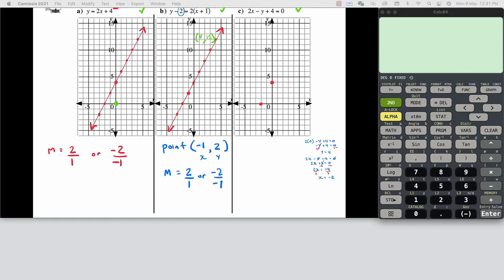Okay, so I'm going to get 2 times, in this case we'll just say 4, minus y plus 4 equals 0. 2 times 4 is 8, minus y plus 4 equals 0. Then on this side I've got an 8 and a 4, so I combine them together, it's going to be 12. So 12 minus y equals 0.